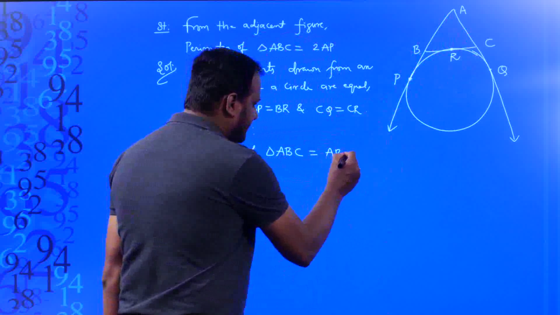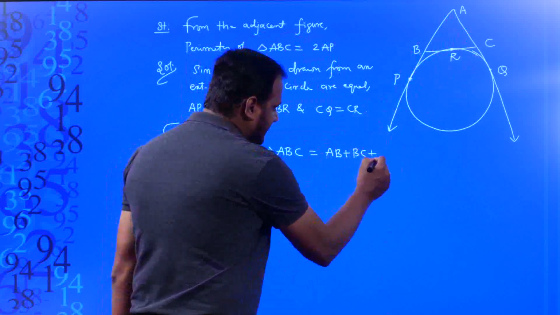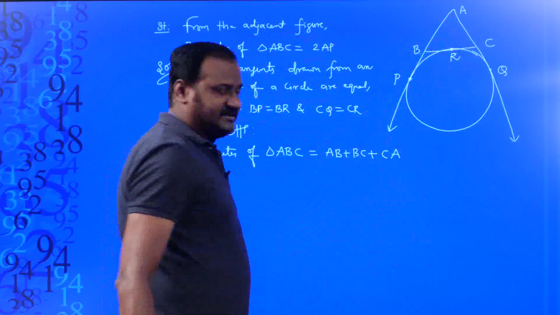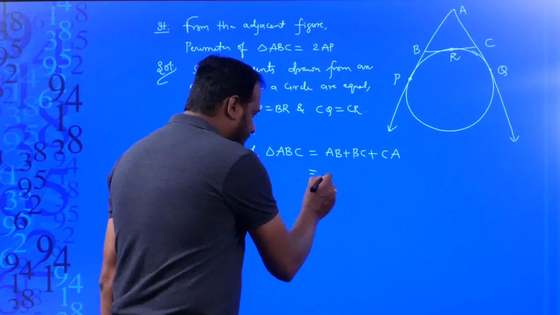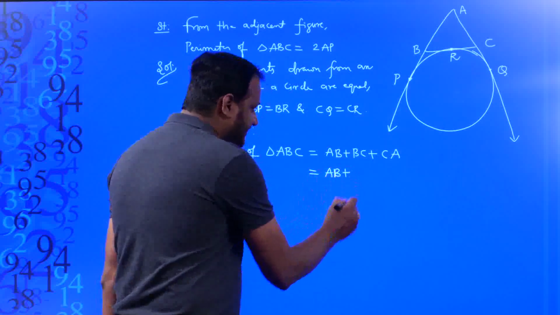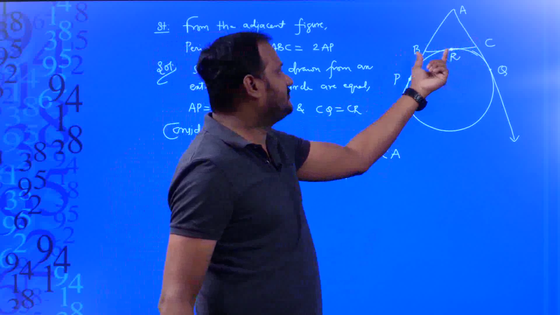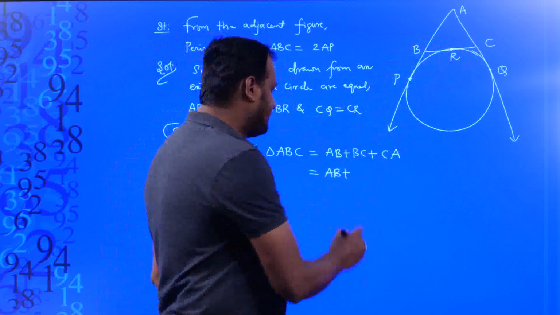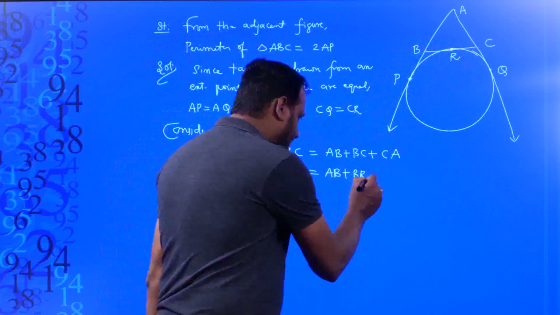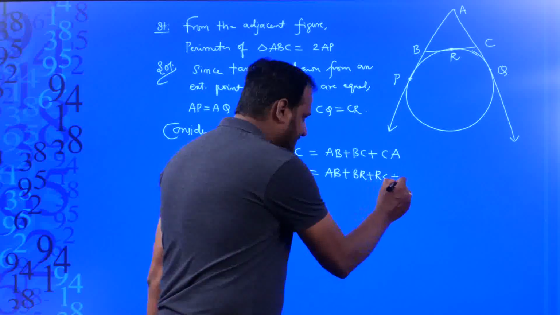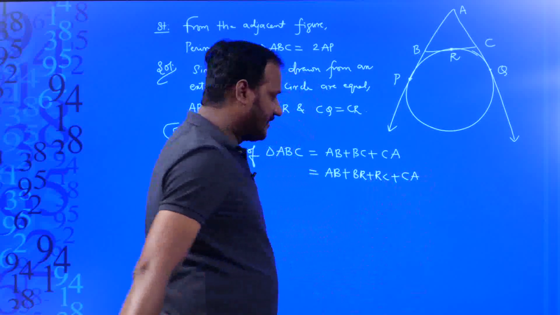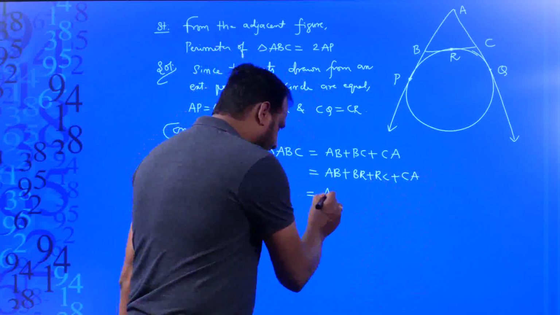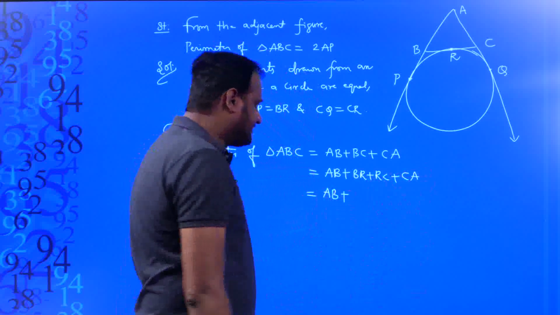AB plus BC plus AC or CA, which is equal to AB is AB, and what is BC here? BC is going to be BR plus RC, right? So BR plus RC plus CA is CA only.